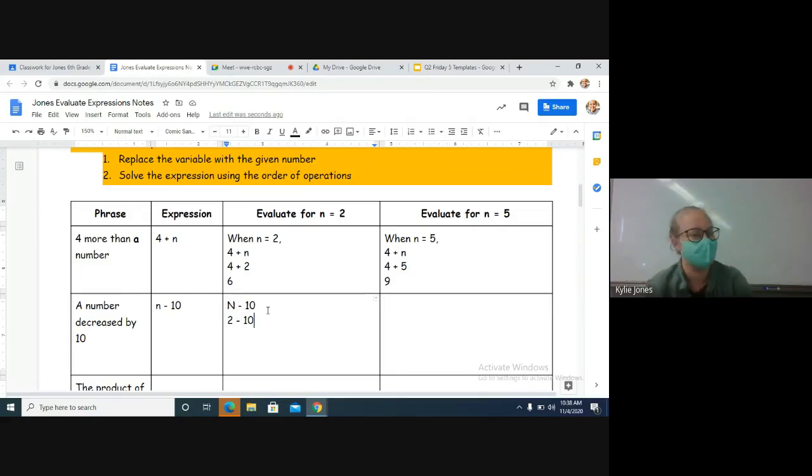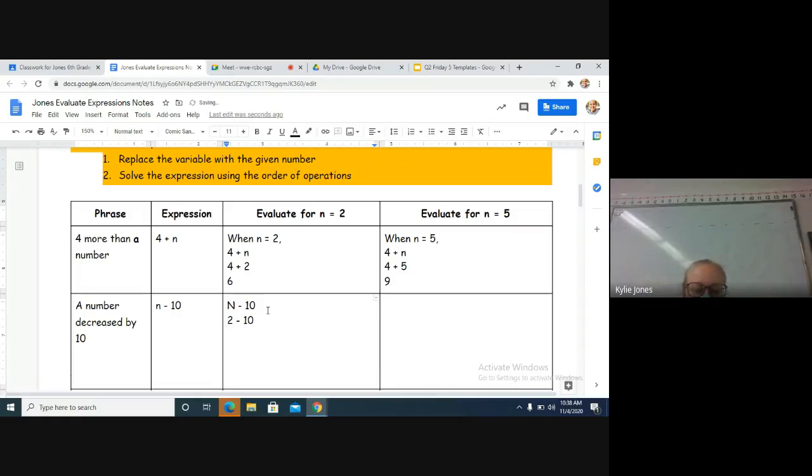If you start at the number 2 on the number line and subtract 10, you go backwards 10 and end up at negative 8. Good. So we have replaced n with 2, and then we can do 2 minus 10.